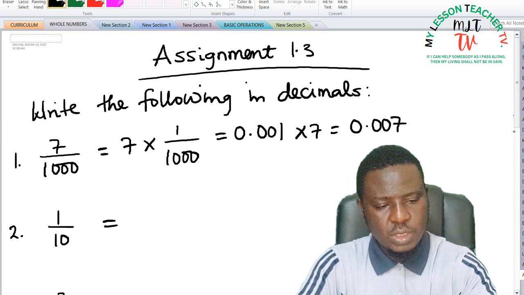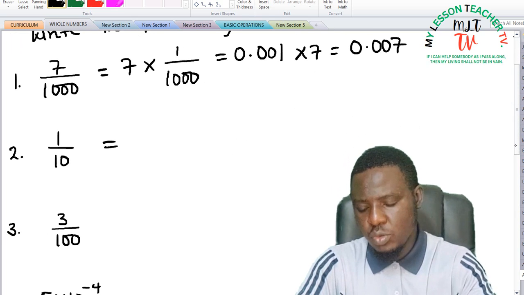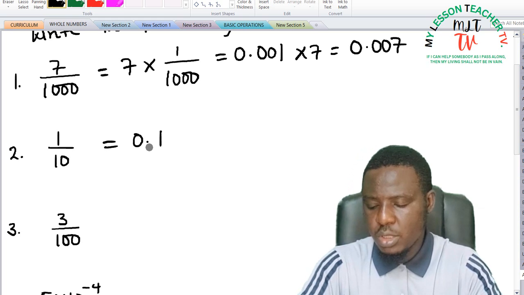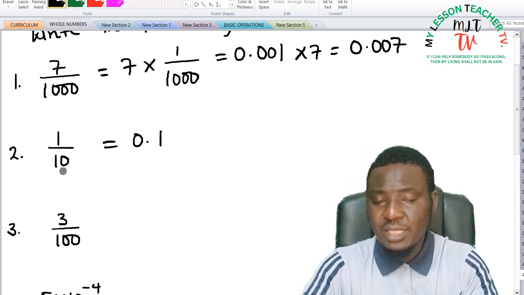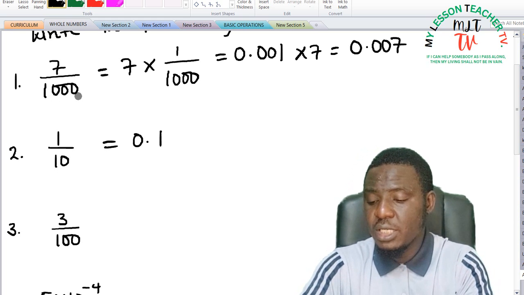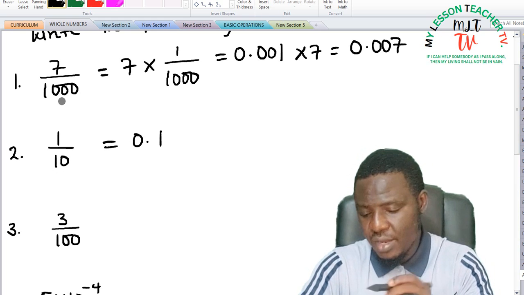Number 2, this is equal to 0.1 because it is taking the 10th place value. This is taking the 1,000th place value.